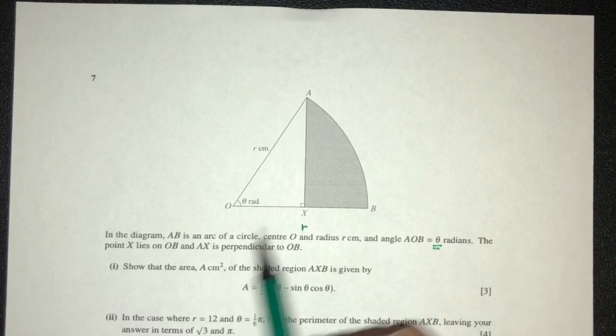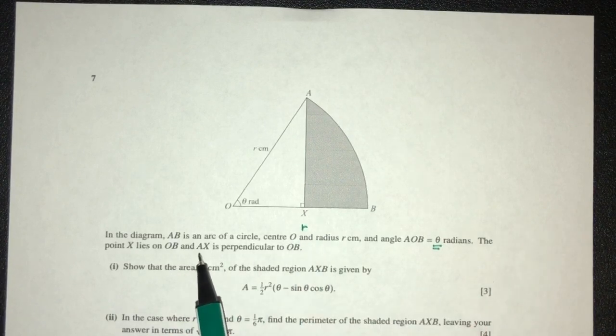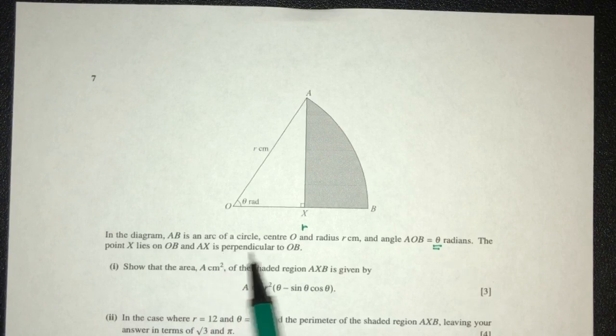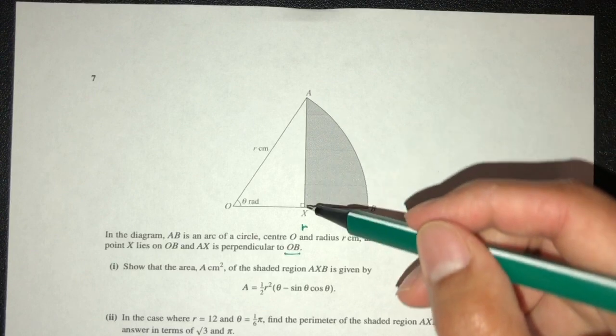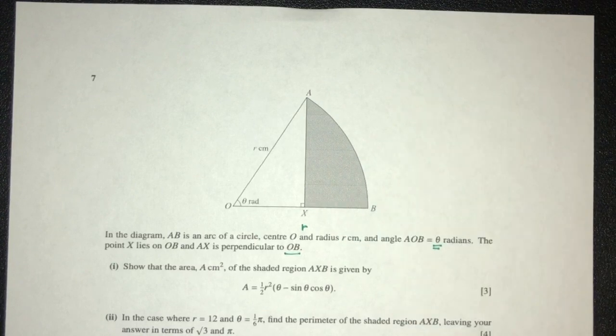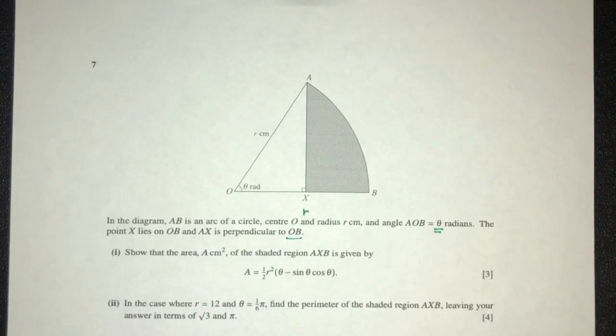The point X lies on OB, and we have AX perpendicular to OB. As you can see here, it is a vertical line at 90 degrees to OB. Now for part 1 of the question, we have to show that the area of the shaded region AXB is given by this formula. Now, how can you find the area of that region?